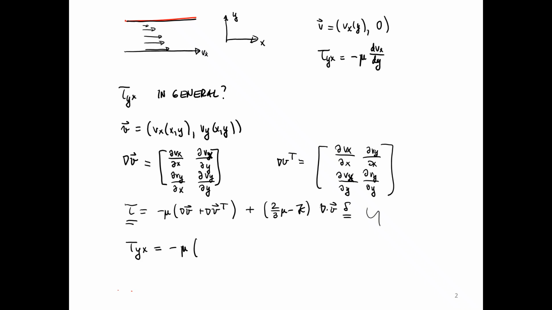And then here, do I have delta yx? What is delta yx? 0. So this is not going to show up in shear stresses. Only normal stresses. So all I'm going to have is dvx dy plus dvy dx.